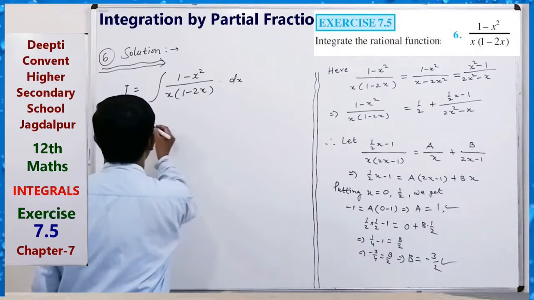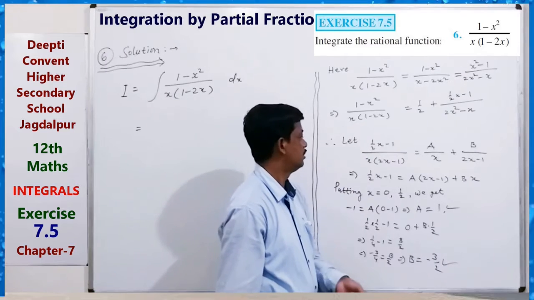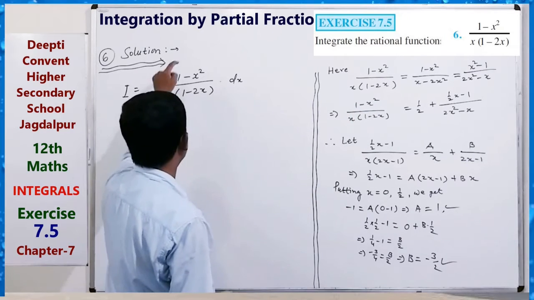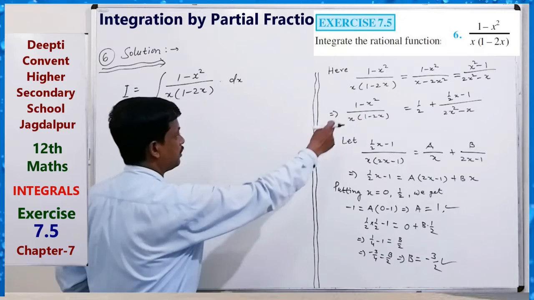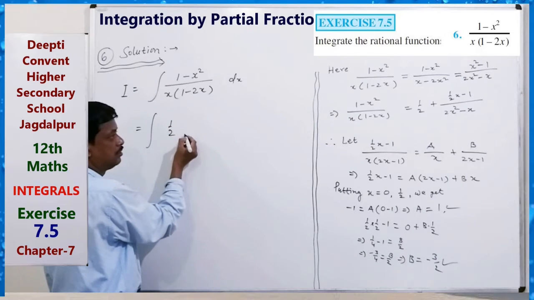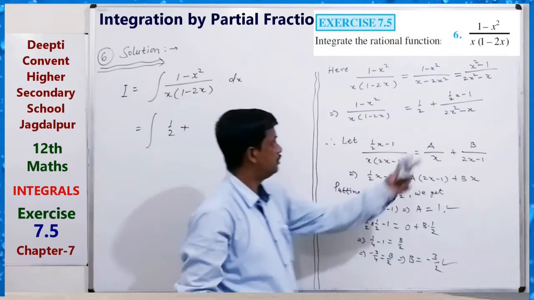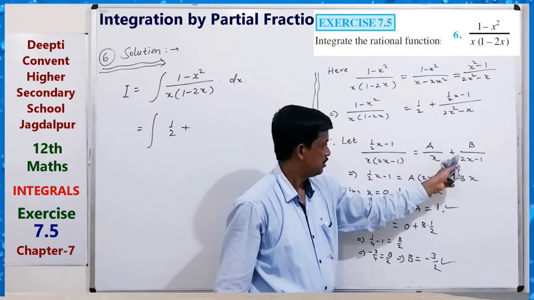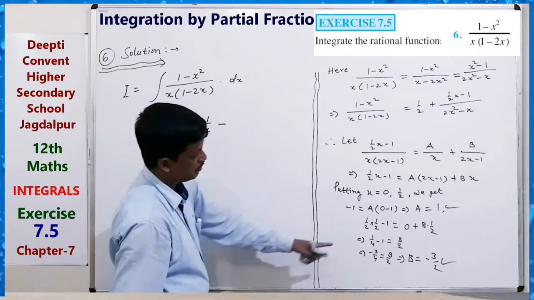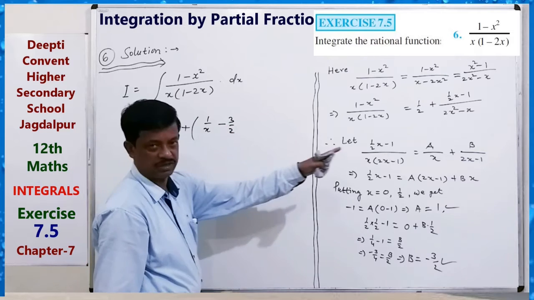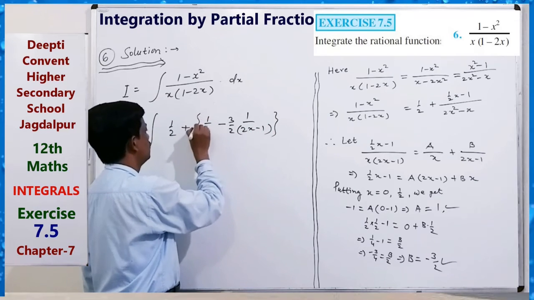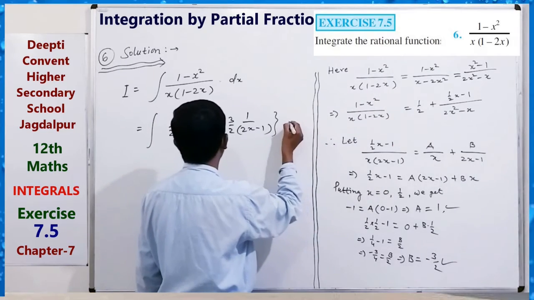So putting all these values, in place of this we can write the integration of half plus, that means, a equal to 1, so 1 upon x, then b minus 3 by 2, minus 3 by 2 into 1 upon 2x minus 1, half plus this dx.